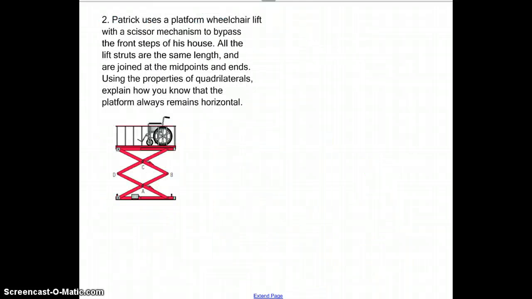Question number 2. Patrick uses a platform wheelchair lift to bypass the front steps of his house. All lift struts are the same length and are joined at the midpoints and endpoints. So if each one of these is the same length and they're joined at the midpoints, okay, that makes each one of these the same lengths also. So right away you see same side lengths. What shape do you think of? Okay, a square.